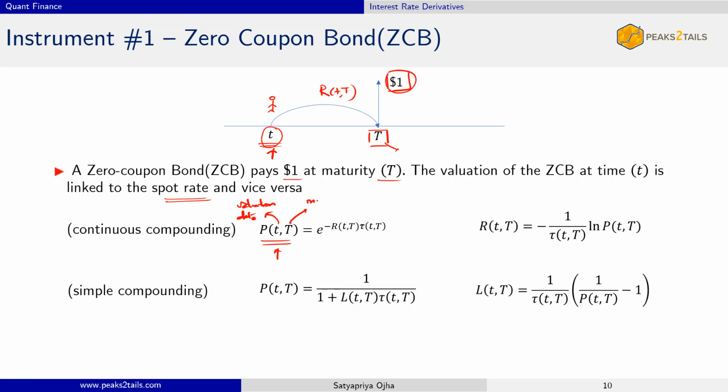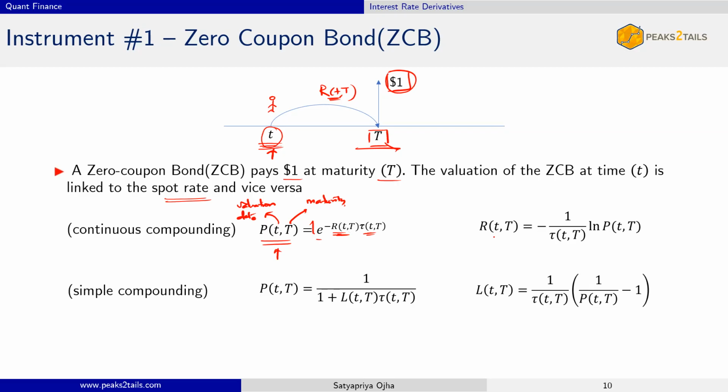Capital T is the maturity. If you are given a continuously compounded rate, what will be your discounting? Discounting would be 1 times e to the power minus R(t,T) times the year fraction. So the value of your bond is given by e to the power minus R(t,T) times tau(t,T).